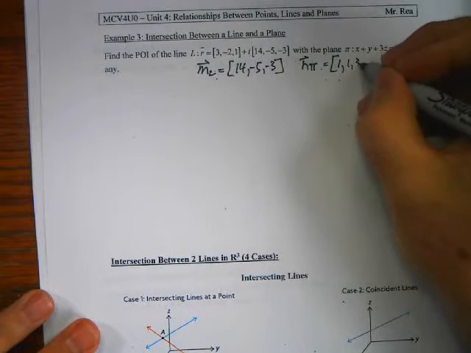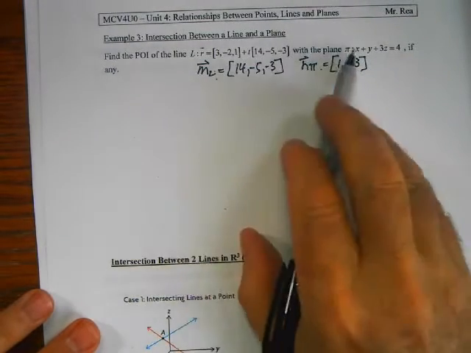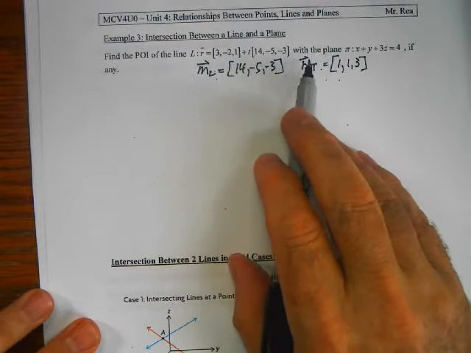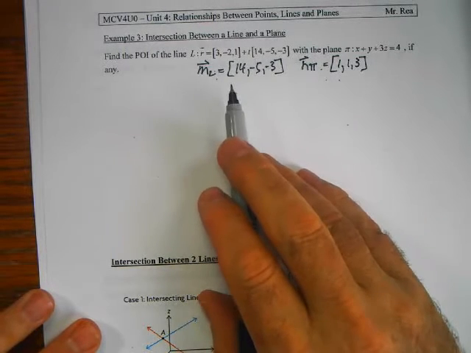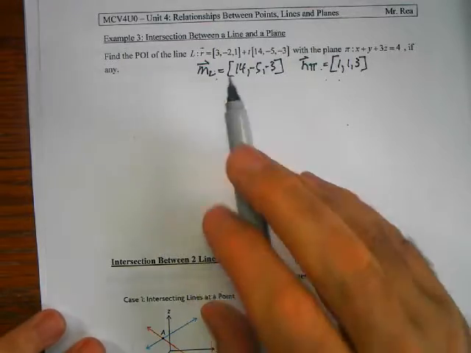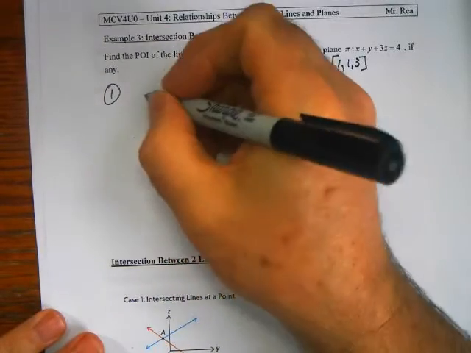So if I want to know if these two are parallel, I'm going to take the dot product of the normal of one with the direction vector of the other. If it's 0, that means they're parallel. So very similar process. Is the line parallel to the plane?